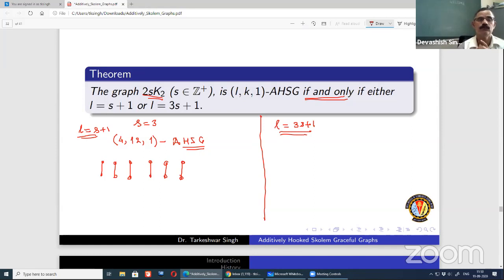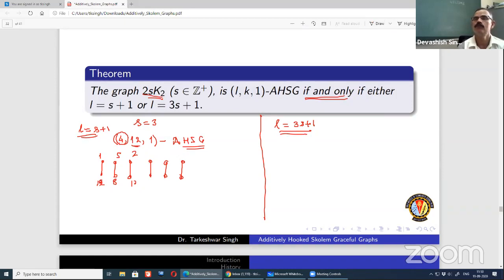Okay, K 12, just see that one. There are 12 vertices, so we are going to start from that one, and then this number will be absent in that. So I label the vertices like this: 1, 2. Then we have 5 and 8. Then we have 2 and 12. Sorry, this is 11. So I will take here 11.